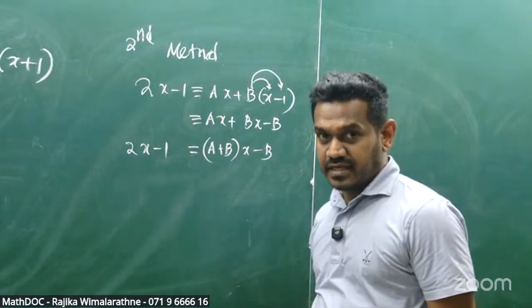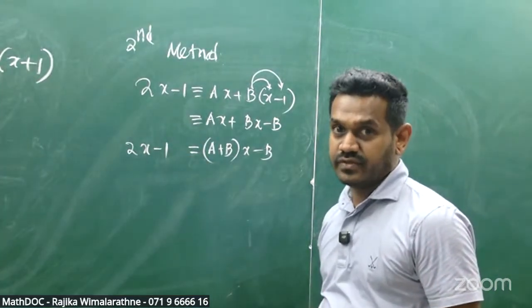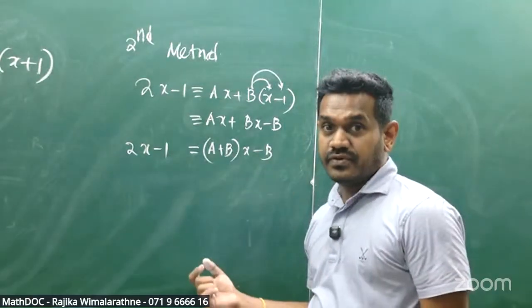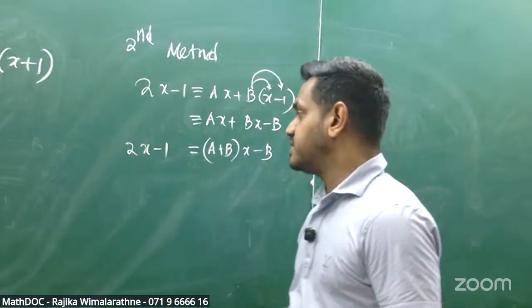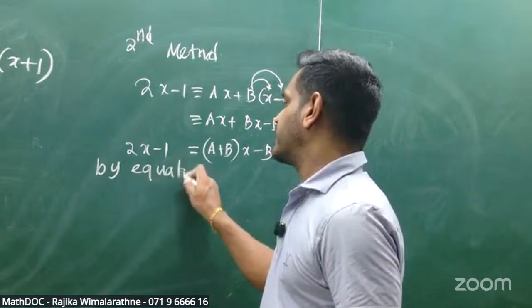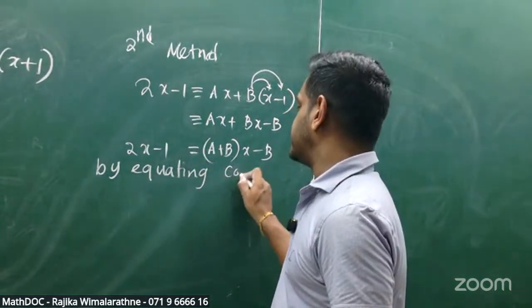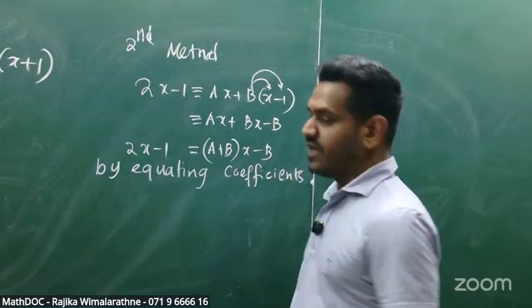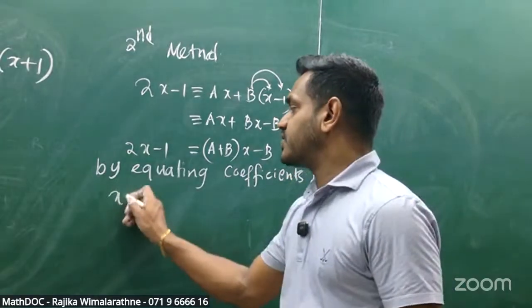So previous technique, we can substitute x values, no? Here also we can substitute. But further we can do, we can equate coefficients. So see, by equating coefficients, you consider x coefficient.